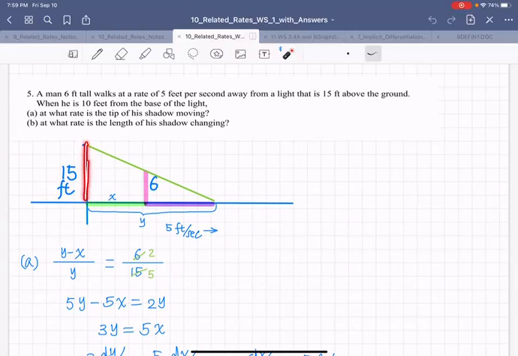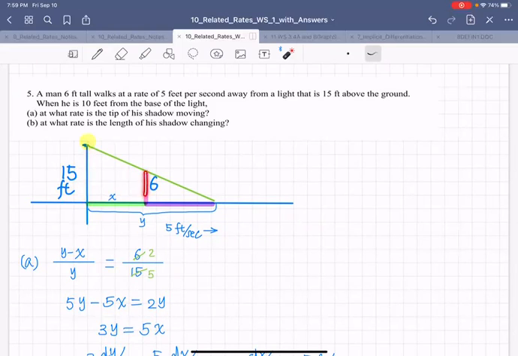So that's the light. The light is over here, okay? So I'm going to draw a yellow light. So this is a yellow light over here. And the guy is this pink one, okay? This pink guy is moving from here to here, okay? So at this position, when this pink guy is here, the tip of the shadow is here.